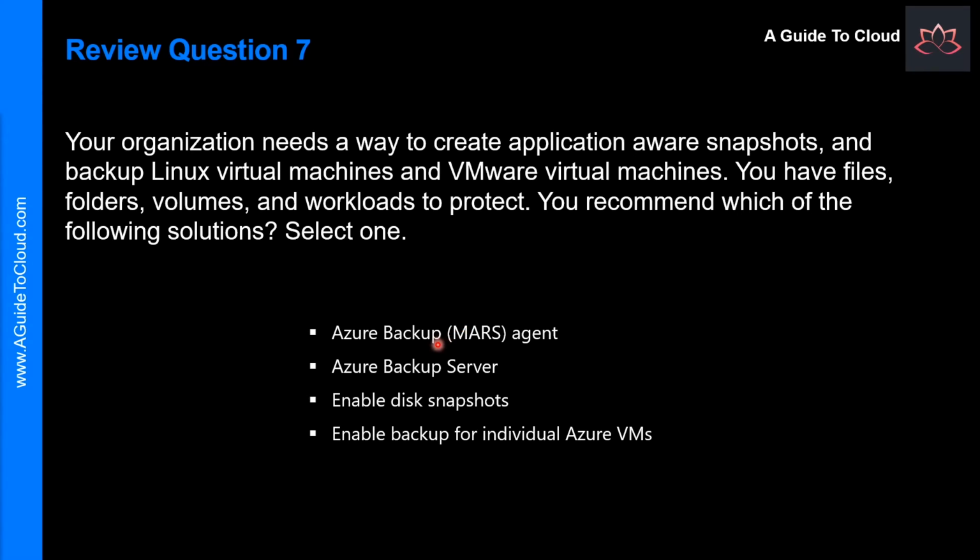It is definitely not Azure Backup MARS Agent or Snapshot or Enable Backup for individual Azure VMs. The correct answer is Azure Backup Server. Azure Backup Server provides app-aware snapshot, support for Linux virtual machine and VMware virtual machines. And the Azure Backup Server can protect files, folders, volumes, and workloads.